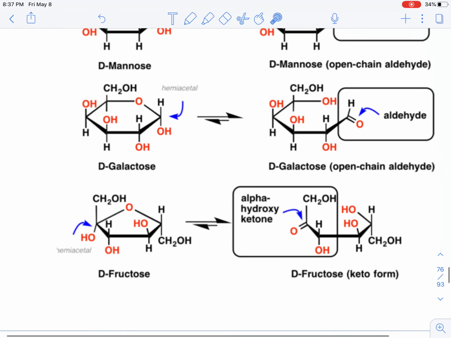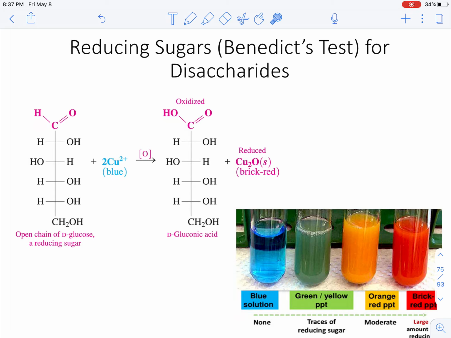And so when you guys are studying this, the main point is what is a reducing sugar, right? And so very loosely, a reducing sugar implies that there is a free anomeric carbon that's on the tail end of a carbohydrate chain. Okay?